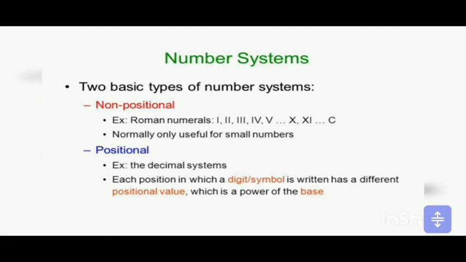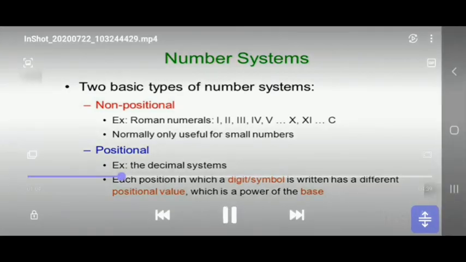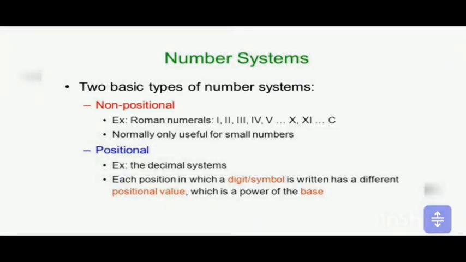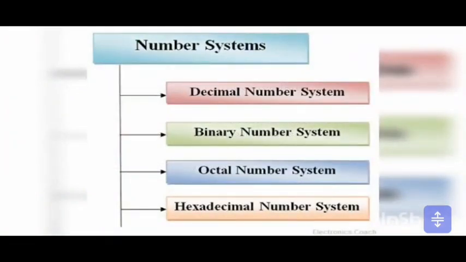The positional number system, for example the decimal system, uses the digit value and the power of the base value. Again, it is divided into 4 parts, that is binary number system, decimal number system, octal number system and hexadecimal number system.